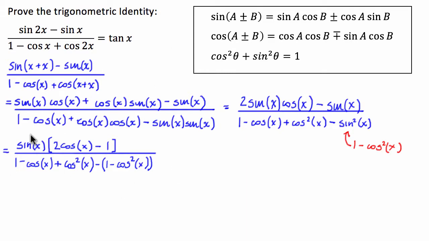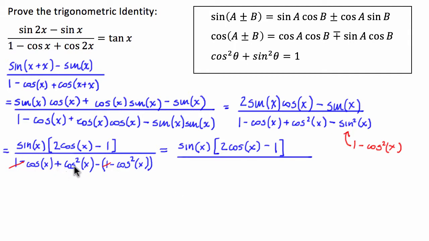So in the numerator, we're not going to do anything at the moment. We're just going to leave that as it is. We'll just chill on that. And in the denominator, we're going to combine our like terms. So what do we have? We've got 1 minus 1. So the 1's in the denominator are going to cancel out. And we've got minus cos of x. That'll stay.